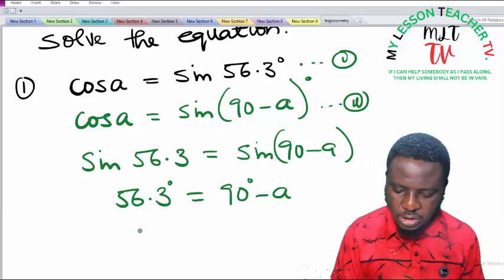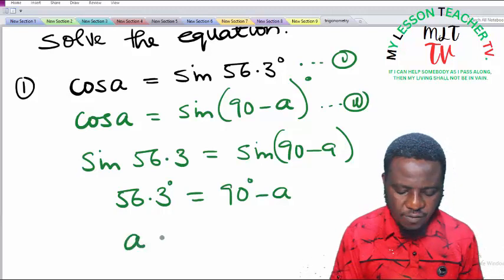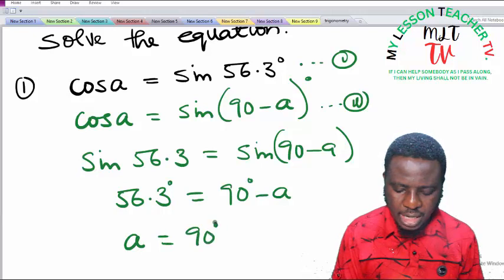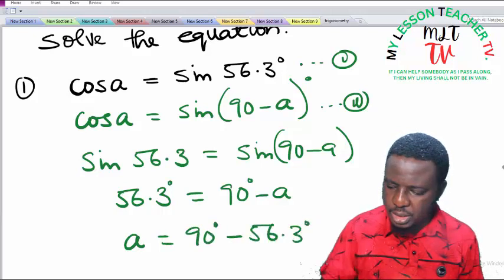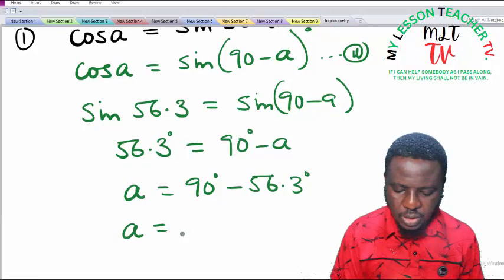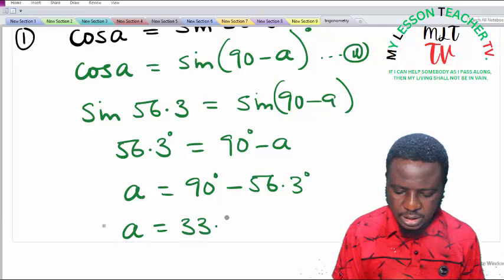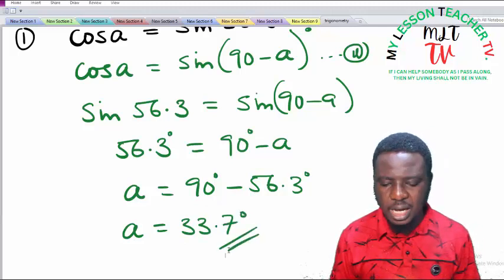If you take minus A to the other side of the equation, you now have A equal to 90 minus 56.3 degrees. And when you subtract, A is equal to 33.7 degrees. That is our answer.